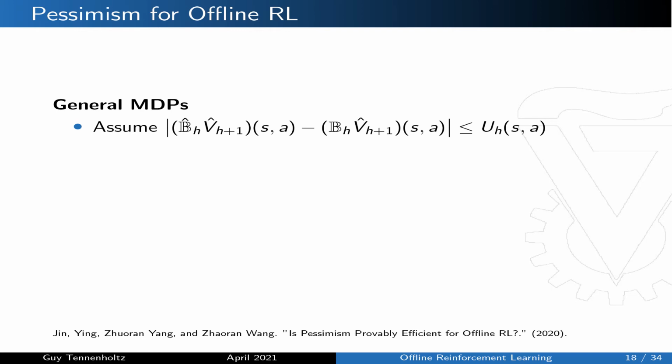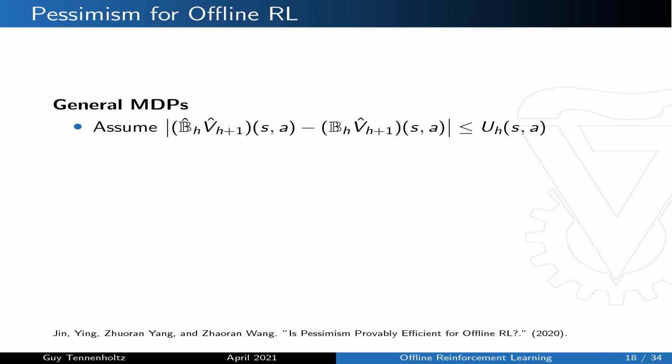How are we going to add pessimism? Let's say we have some kind of estimate for the Bellman operator. Recall that the Bellman operator is the reward plus gamma, the expected value of the next state. So we have some way to approximate the Bellman operator, maybe through data, right? We collect the data and we could use that to estimate the Bellman operator.